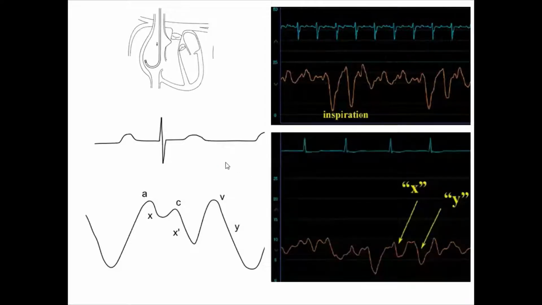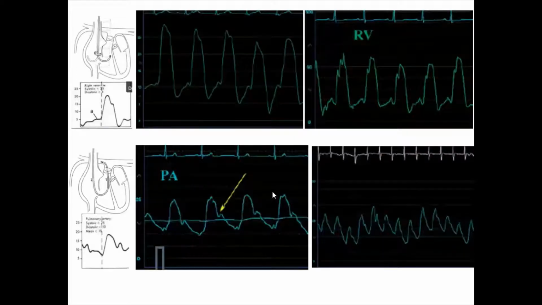Also, in a patient with atrial fibrillation, if we concentrate on this ECG, there are no P waves. There is persistence of the X and Y descents, but there is no A wave, because there is no atrial contraction.